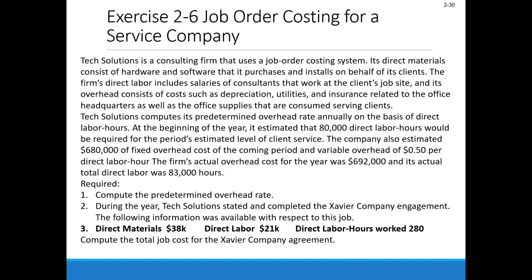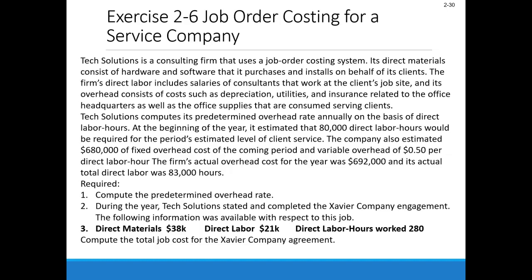Tech Solutions computes its predetermined overhead rate annually on the basis of direct labor hours. At the beginning of the year, it estimated that 80,000 direct labor hours would be required for the period's estimated level of client service. The company also estimated 680,000 of fixed overhead costs for the coming period and variable overhead of 50 cents per direct labor hour. The firm's actual overhead cost for the year is $692,000, and its actual total direct labor was 83,000 hours.